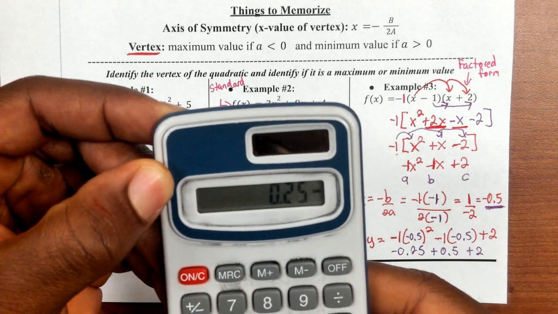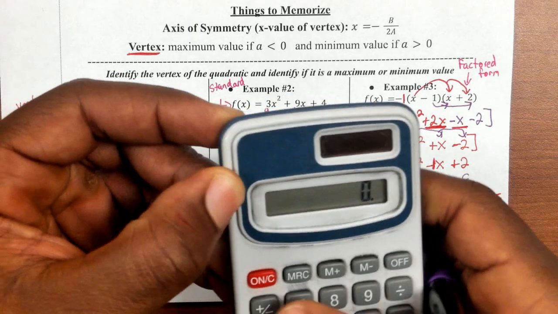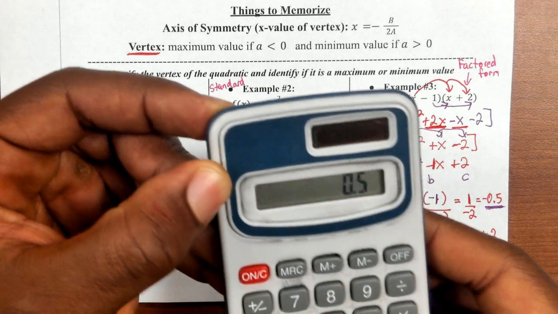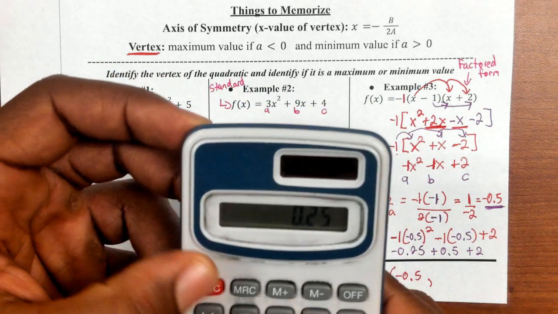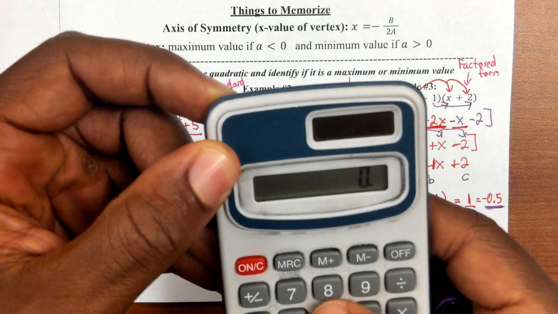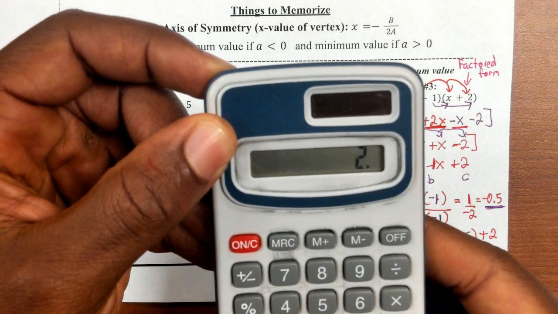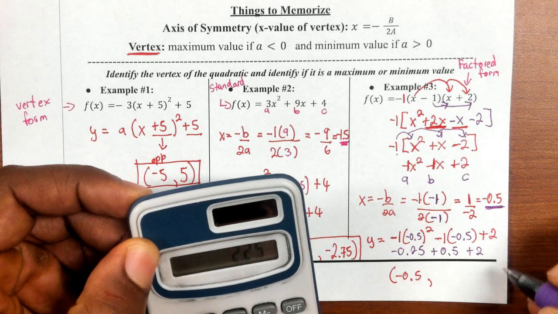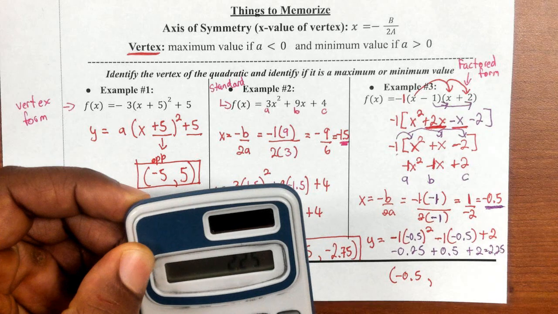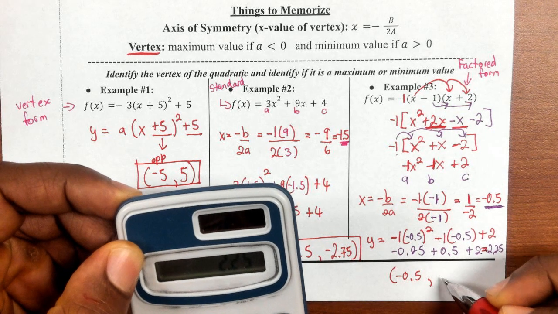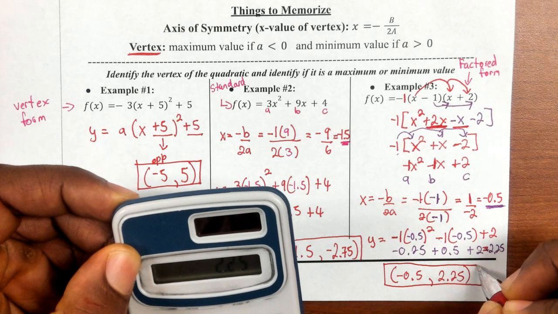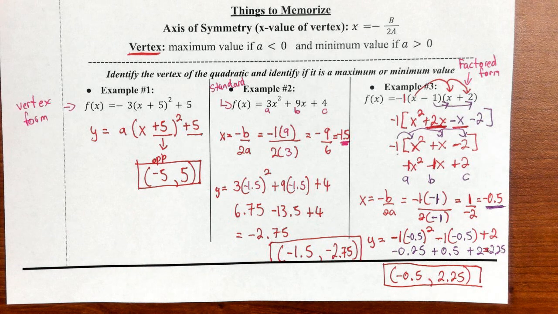So negative 0.25 plus 0.5 plus 2 will give me 2.25. And that is the y value of my vertex, 2.25. This is kind of intricate, a little difficult, so make sure you follow all the steps that I'm doing.